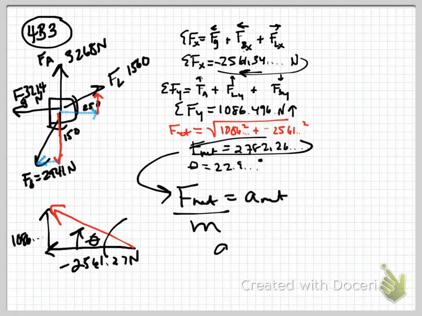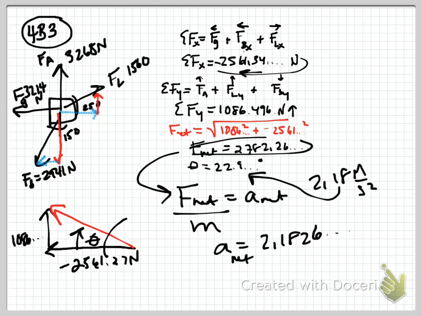We get a net acceleration of 2.1826, etc. And we have 3 sig figs, 2 sig figs, 3 sig figs. So we end up with a net acceleration of 2.18 meters per second squared at that angle that we found. Okay, we'll pause for a moment.